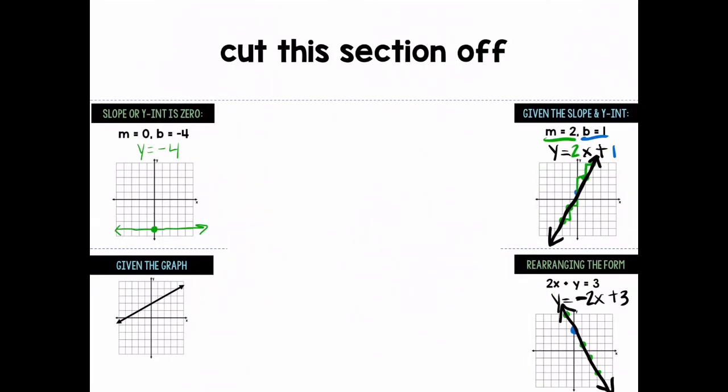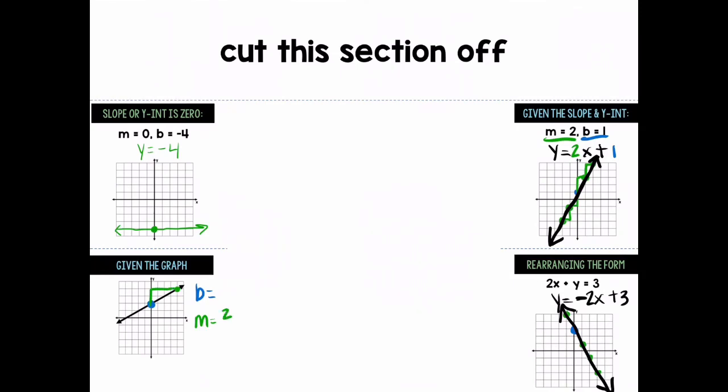So now we're given the graph, so we have to reverse engineer this. We have to find the y-intercept, so you have to find b, and then you have to find your slope. Okay, so b is right there. So what you need to do is find another point that goes through in an ordered pair. So it goes up 2 and to the right 3.